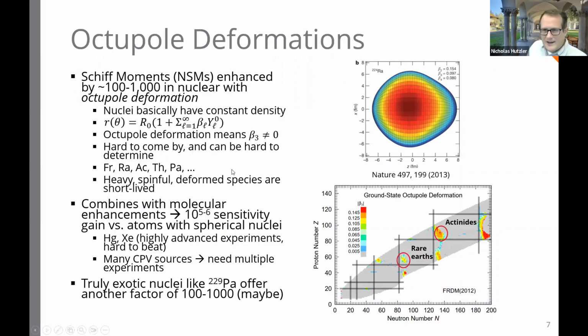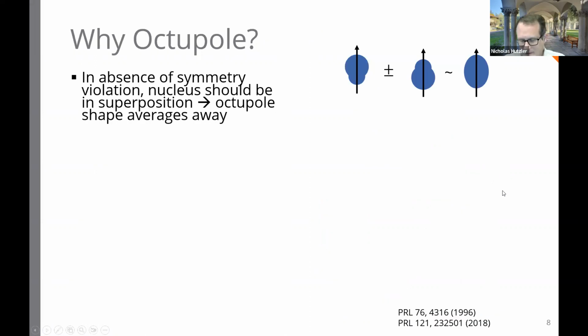So why does this shape give rise to this big enhancement? It turns out you can draw a lot of parallels to things that Dave and I have been talking about. In the absence of any fundamental symmetry violations, in equilibrium, in free field, in steady state, this octopole shape, the nucleus should be in a superposition of these two shapes.